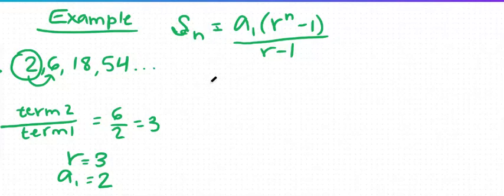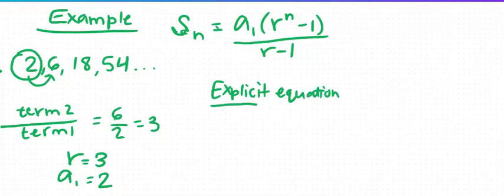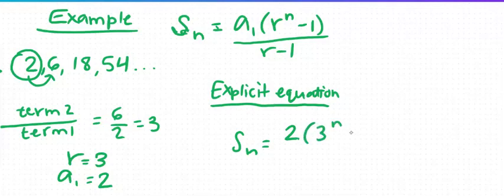So I'm going to use those values and plug them in to find my explicit equation. The only thing I'm leaving is the n. So I have S sub n is equal to 2 times 3 to the n minus 1 over 3 minus 1.